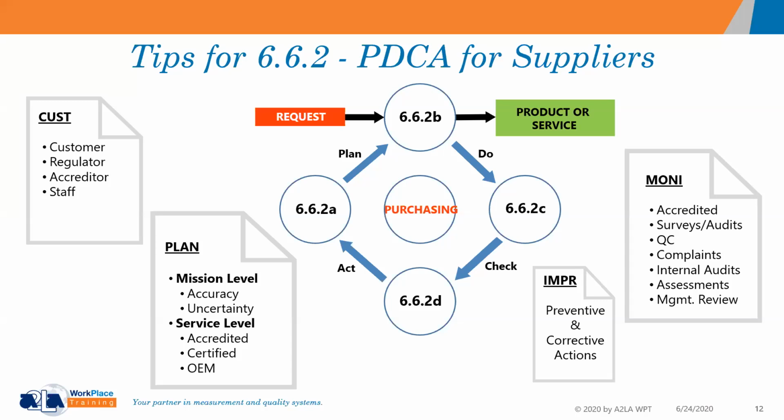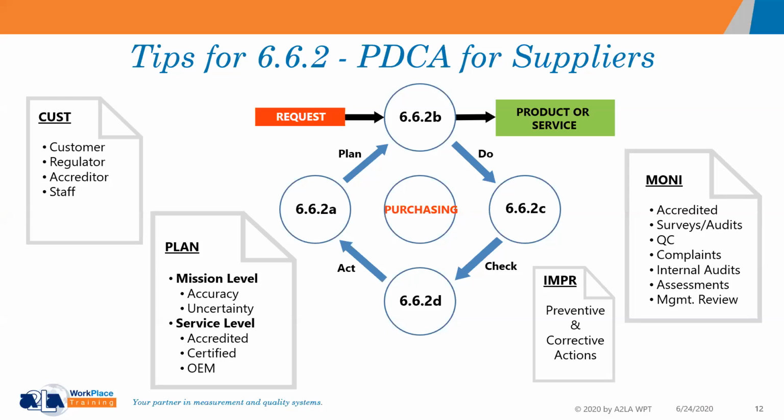You're defining the requirements. You have this acceptance criteria. You're looking at all of the different things that may influence this criteria, whether it's the accreditation body, whether it's your customers, whether it's regulators. You have all of these different aspects that are influencing what type of criteria that you want to define for these products and services. So that's your plan.